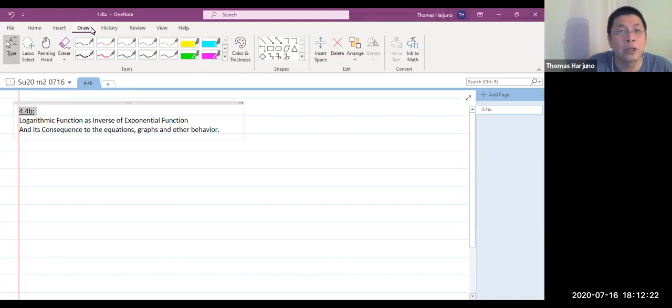We will go deeper into this logarithmic function, and we will look at one big property of the log function, that is that a log function is actually the inverse of the exponential function.